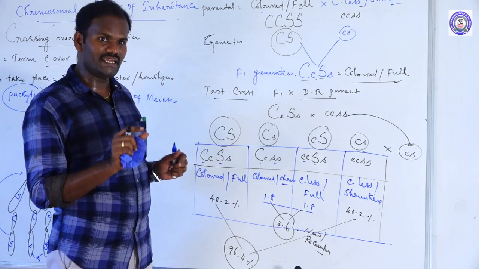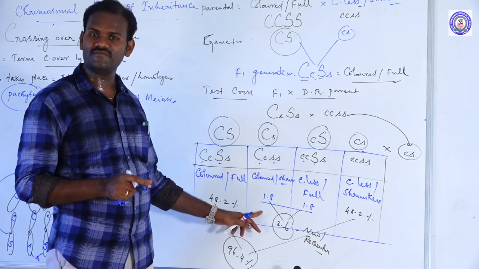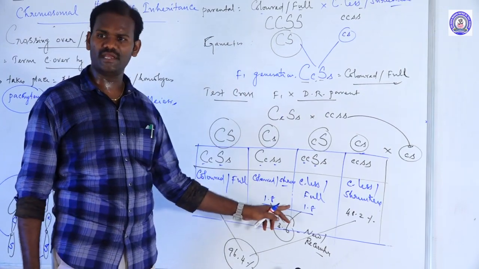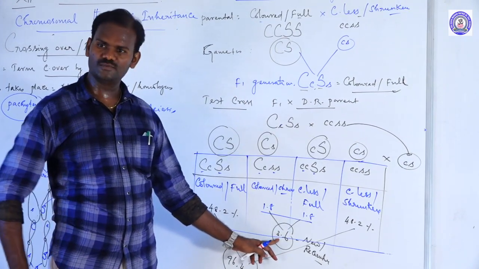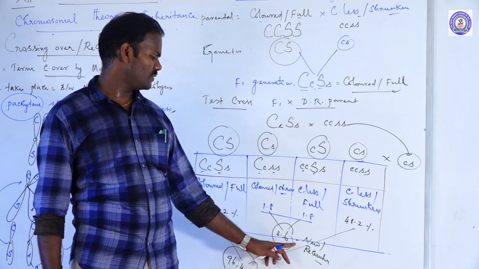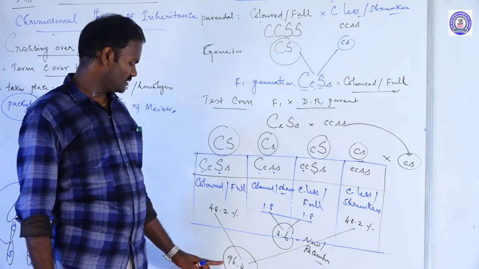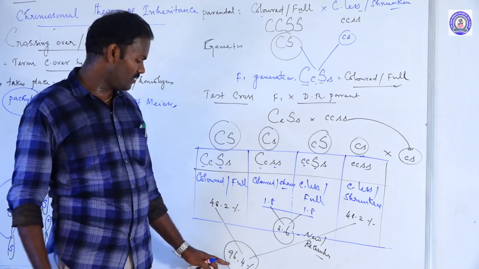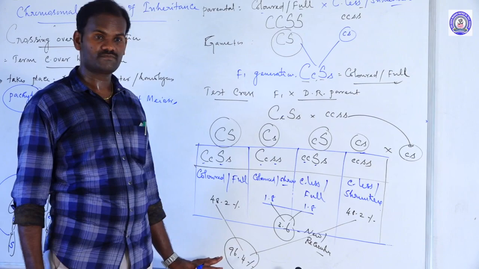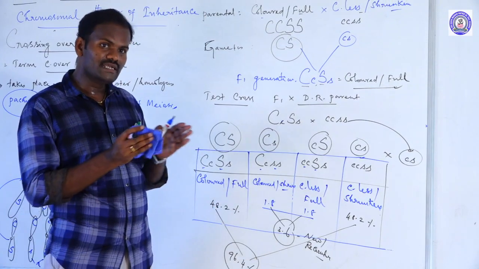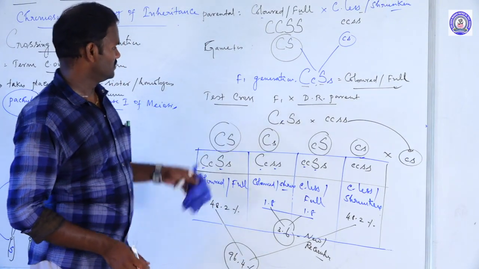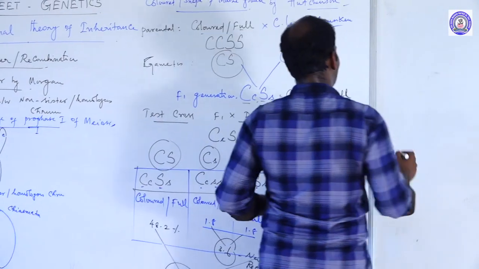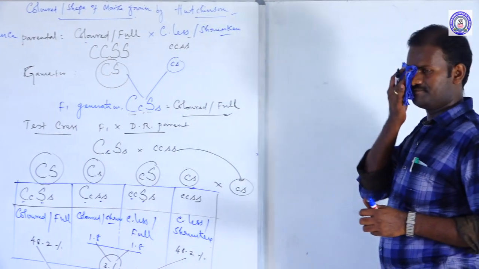These 2 genes exhibit some percentage of crossing over, that is why the new combination percentage is also observed. 3.6% were new combinations, then 96.4% were parental combinations. This parental combination is because of linked genes. This new combination is because of distance. So, that was crossing over.